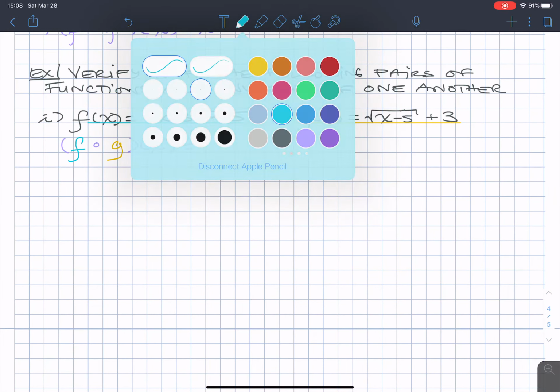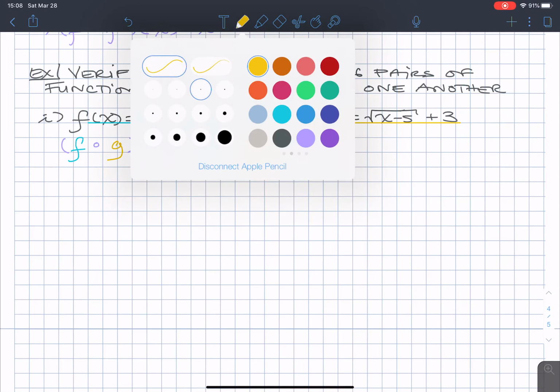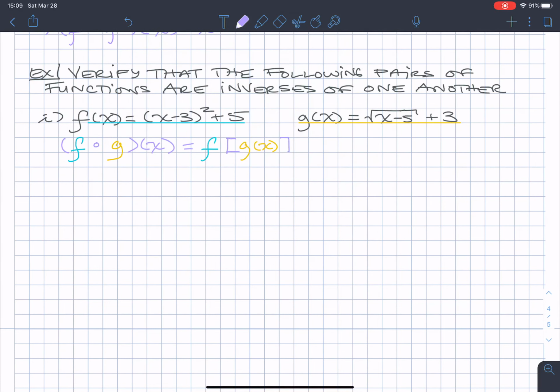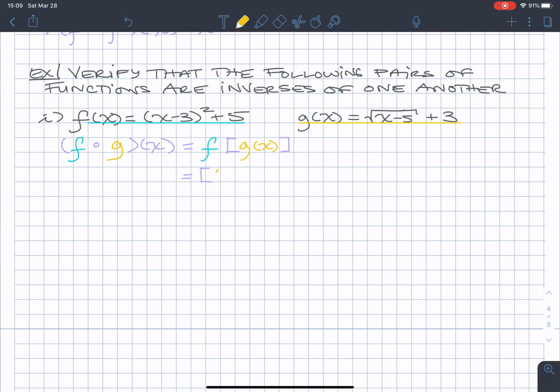So what that means is into the function for f, I'm going to plug in the whole function g of x. So what does f do with each input? Well, it takes the input, in this case the square root of x minus 5, to which I'm adding 3.